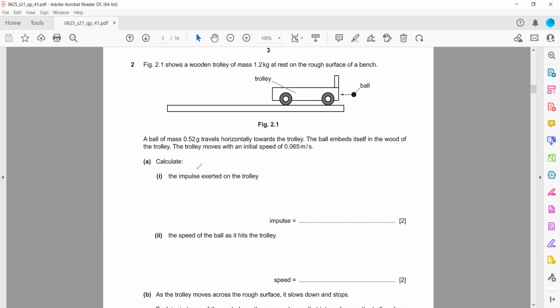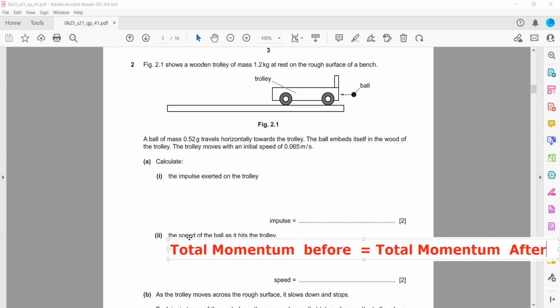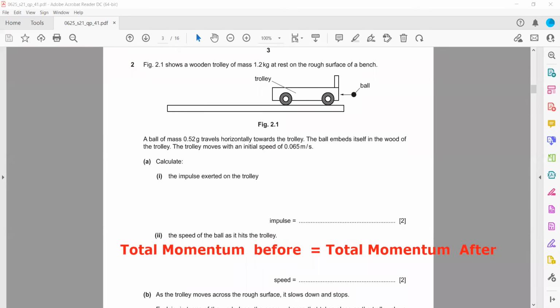According to conservation of momentum, the total momentum before the collision will be equal to the total momentum after. Or you can use the change in momentum of object 1, which will be the same as object 2, or they will have the same impulse, we can say.